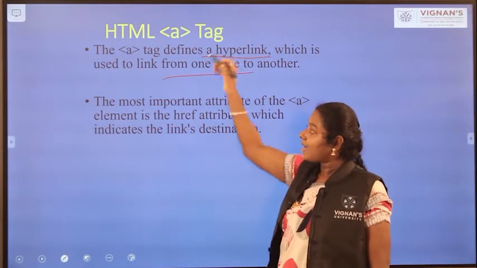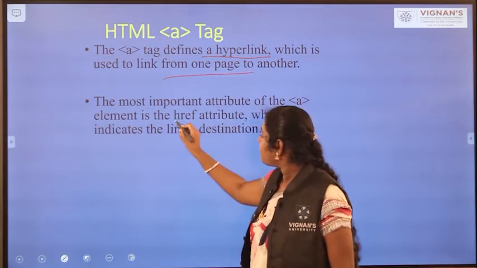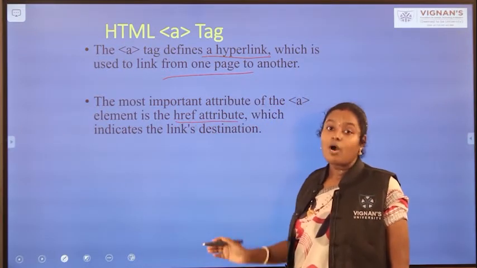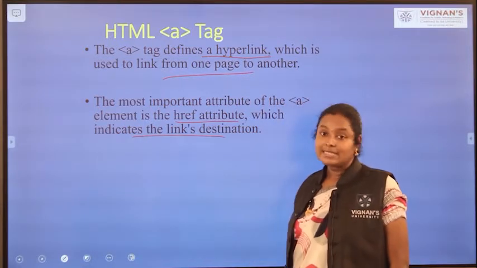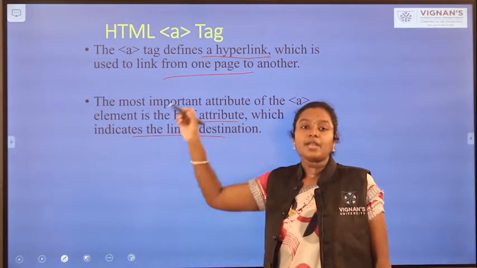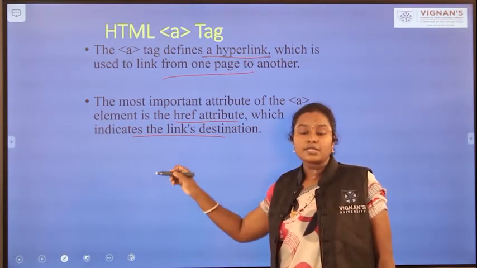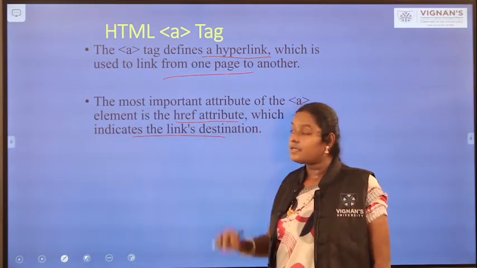In this anchor tag you have one important attribute, that is the href attribute. The href indicates the link's destination. If you click on a web page link, then where to navigate? The location you want to navigate to must be given in the href attribute.